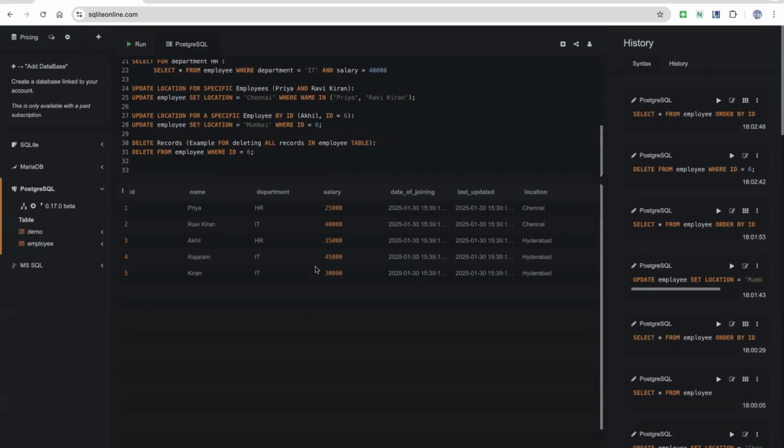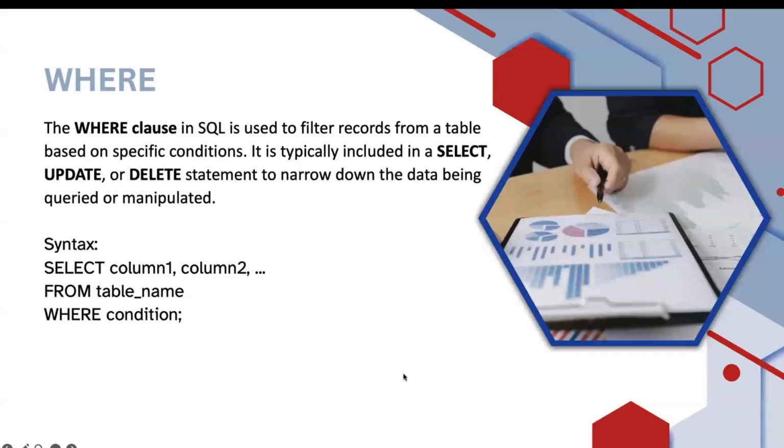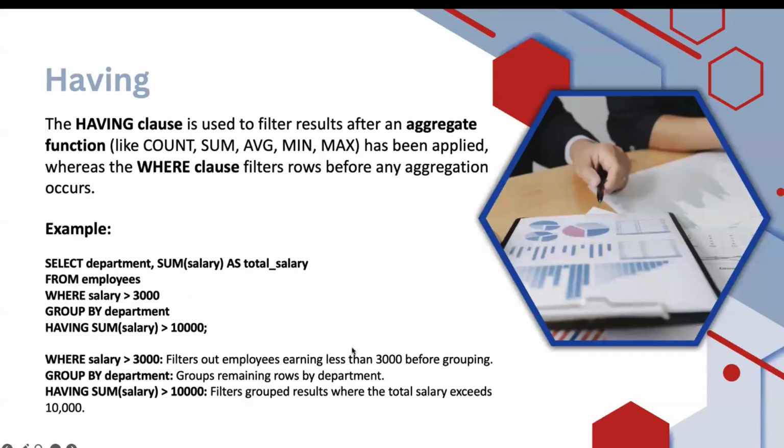Now our next slide is about the having clause. The having clause is mainly used after the aggregate functions. What are the aggregate functions? Just now we learned count, sum, average, minimum, and maximum are the aggregate functions.